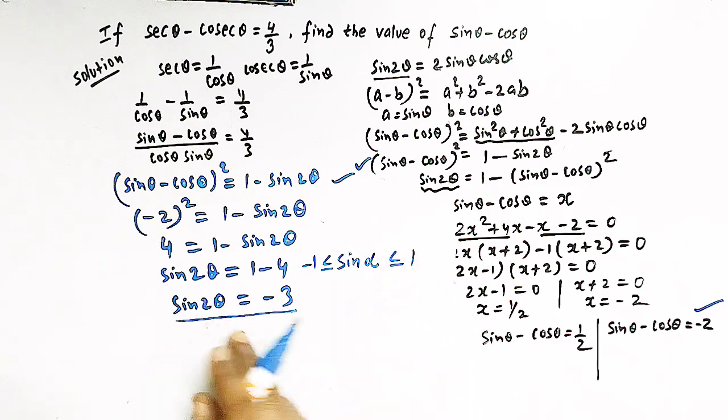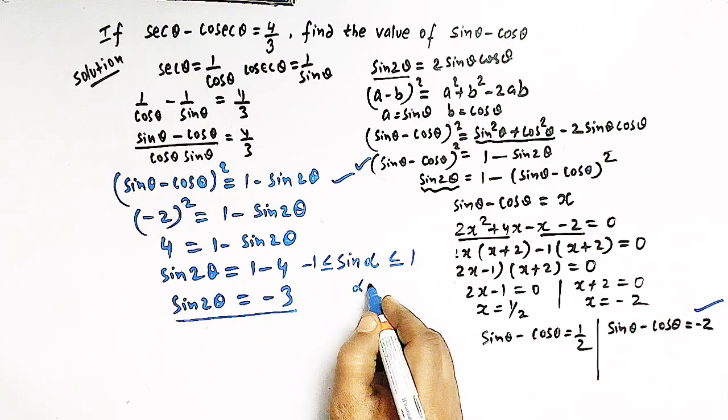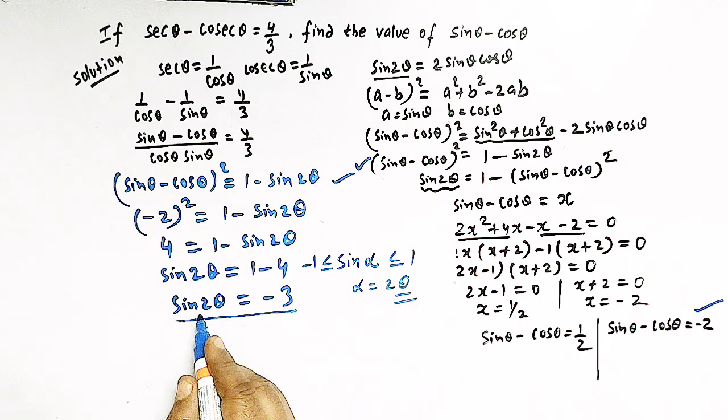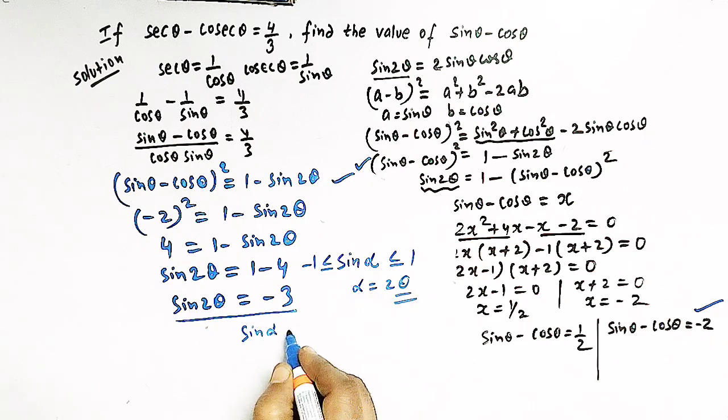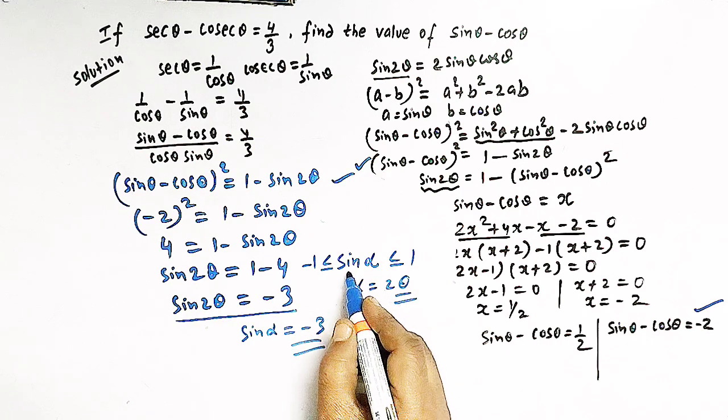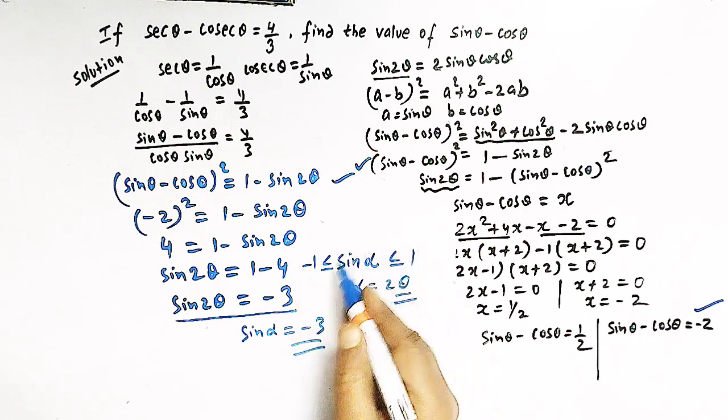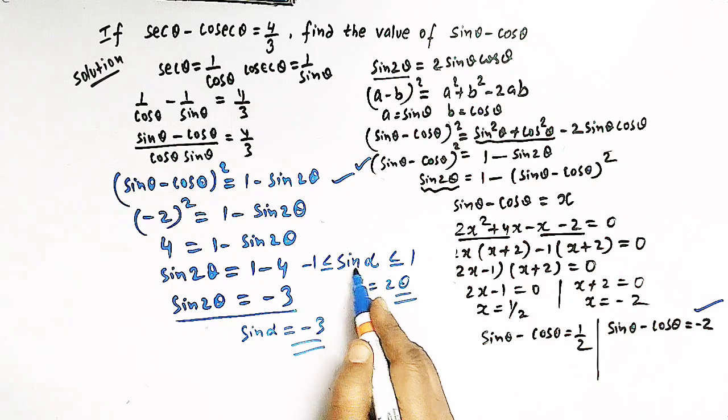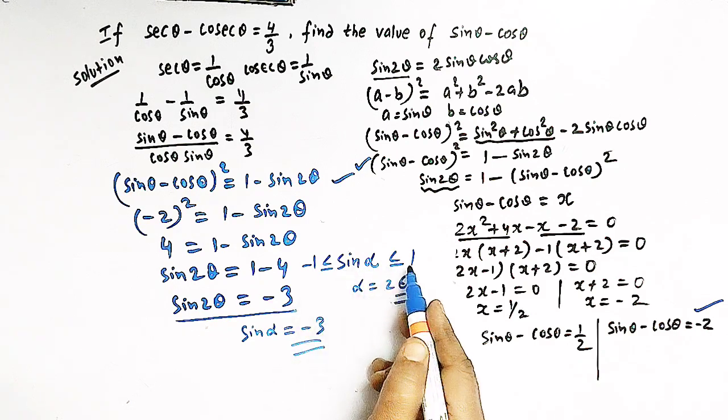So here if we take alpha is equal to 2 theta, then sine alpha is equal to minus 3, and this is not possible because the range of sine alpha is from minus 1 to 1.